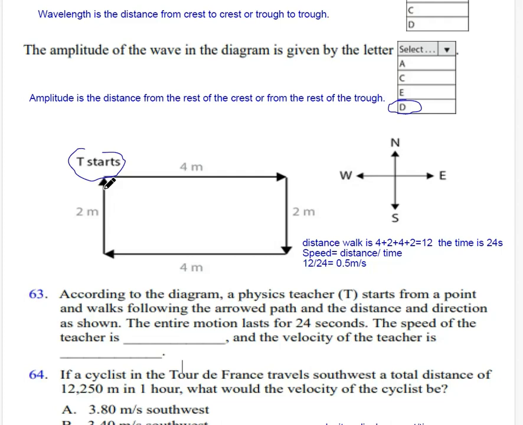So the total distance of the physics teacher is 4 plus 2 plus 4 plus 2, which is 12 meters. And then the entire motion lasts for 24 seconds. So the teacher walks the entire path for 24 seconds.